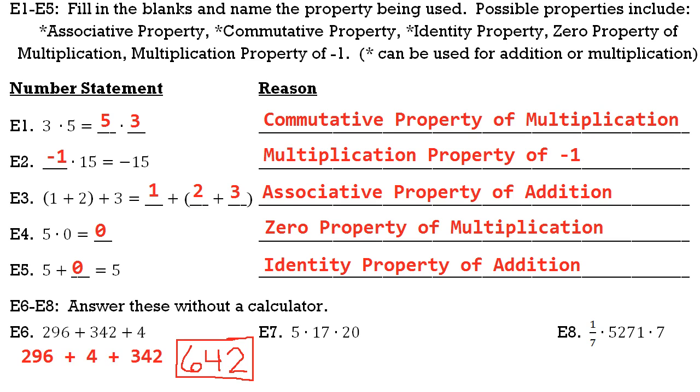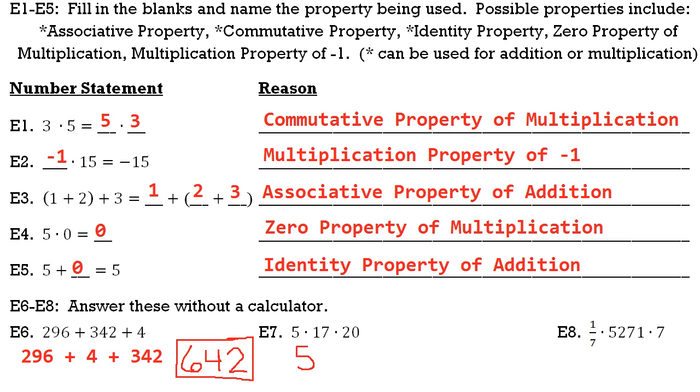It is also the reason why some people can do crazy math in their heads and other people just sort of sit around and stare at them and wonder how it happens. All right, example number 7, 5 times 17 times 20. Looks to me like if I rearranged this and put the 5 times the 20, I would get 100.